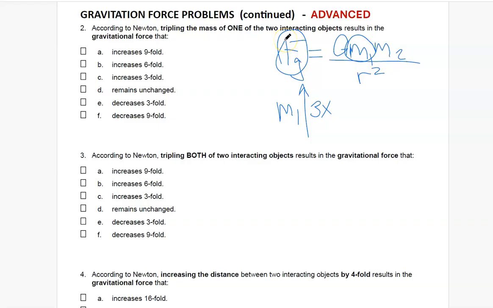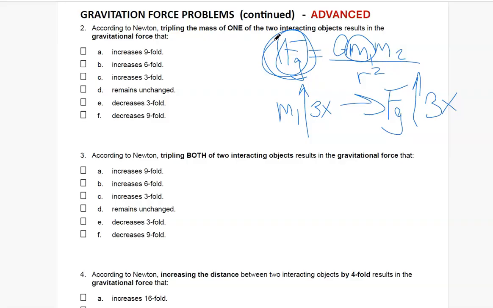So this will also be increased 3 times. So our gravitational force will also increase 3-fold. And that is because the force of gravity, or the gravitational force, is directly proportional to mass 1. Whatever you multiply or divide by mass 1, that's what you multiply or divide to get your force. The same is true for mass 2.